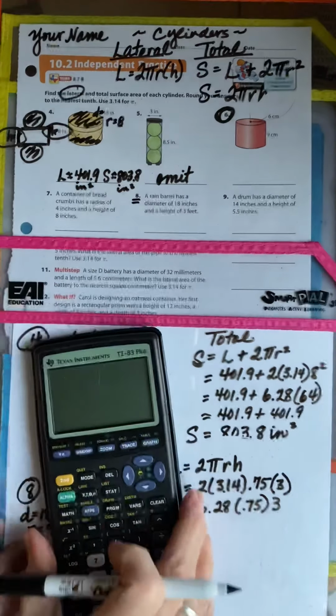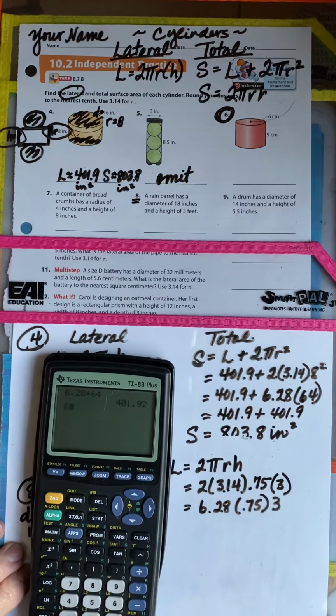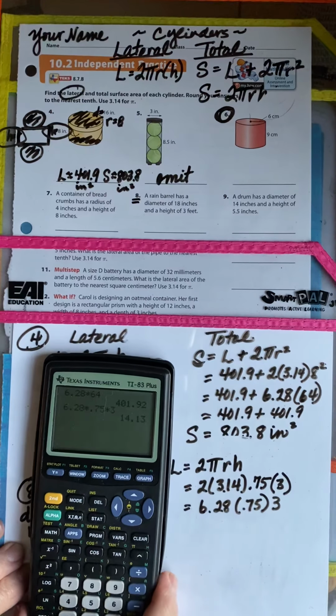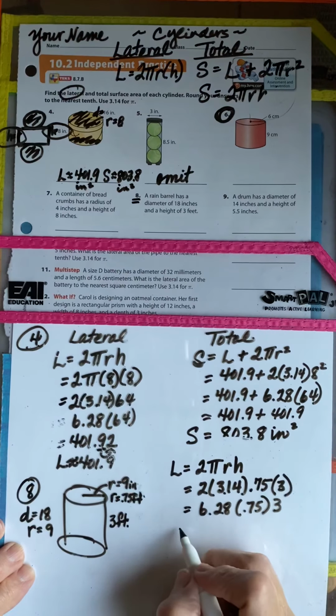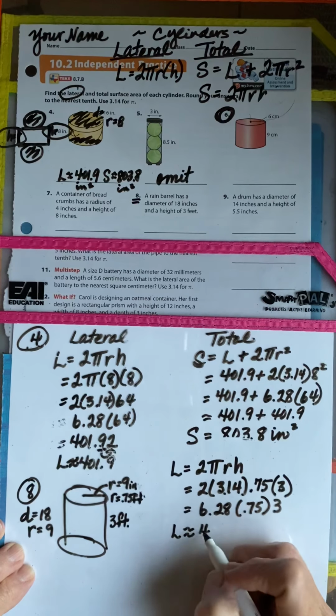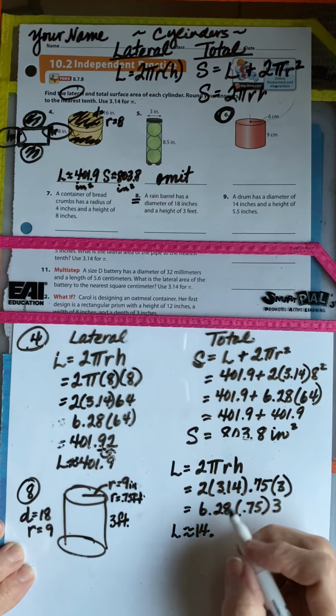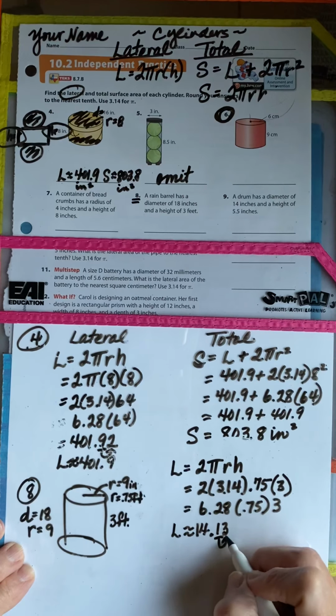Here we go. Calculator on. 6.28 times 0.75 times 3. Enter. 14.13. So L is approximately 14.13. And they said round it to the nearest tenth.